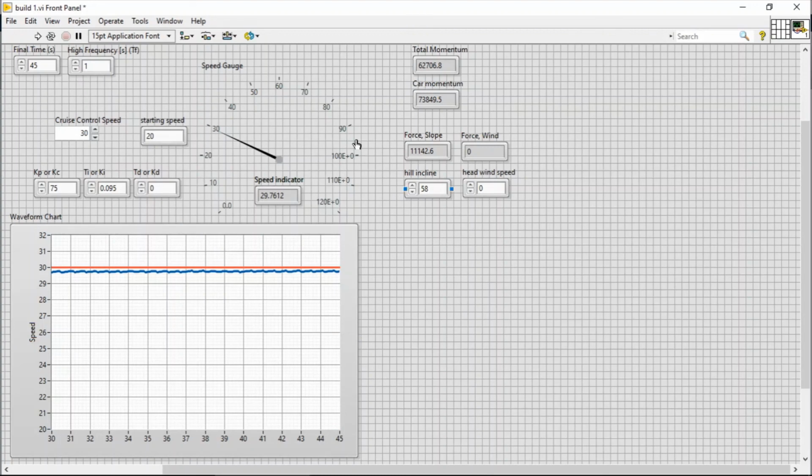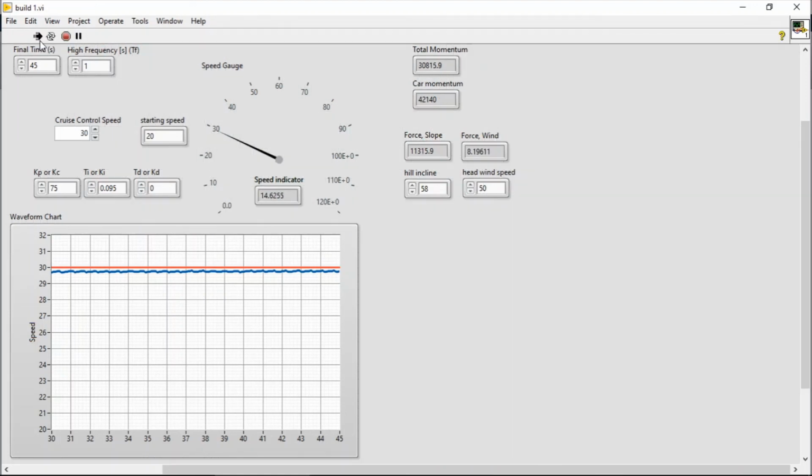So that's pretty much it for that. I don't think there's anything else I need to talk about here. The headwind, I could put something in like this, but because the car is so aerodynamic, oops, left that at 58. It's going to spike and come back down.